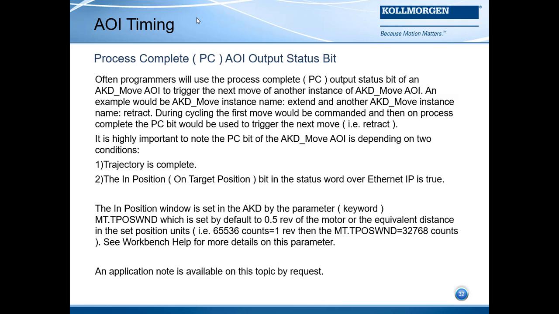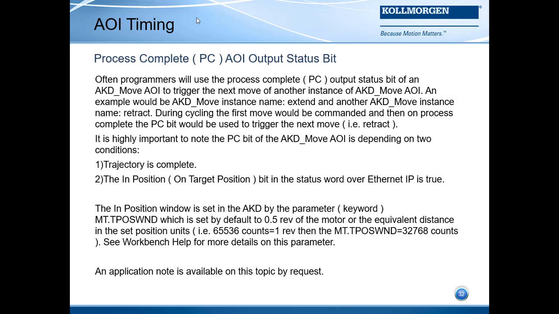The process complete add-on instruction output status bit. Often programmers will use the process complete PC output status bit of an AKD move add-on instruction, for example, to trigger the next move add-on instruction. An example would be the AKD move instance name extend, and another AKD move instance name retract.